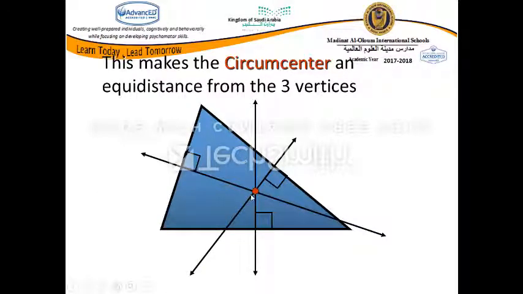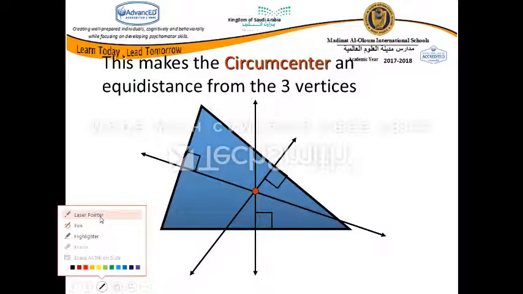Here the circumcenter is equidistant from the vertices. For the point of intersection of the three perpendicular bisectors, we will find that the distance from the circumcenter to each vertex is equal.